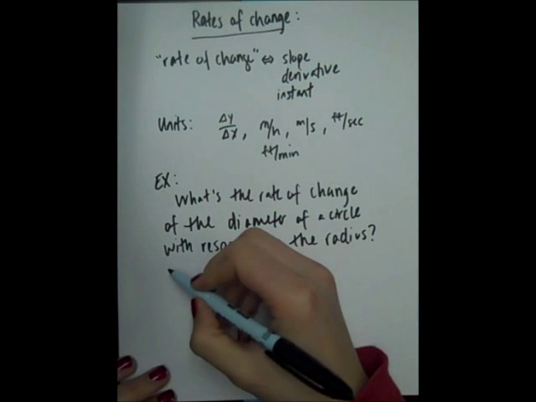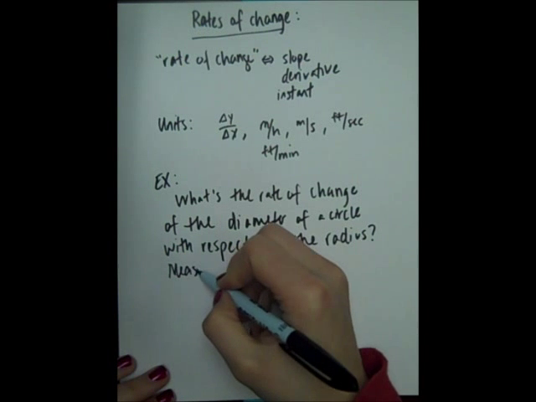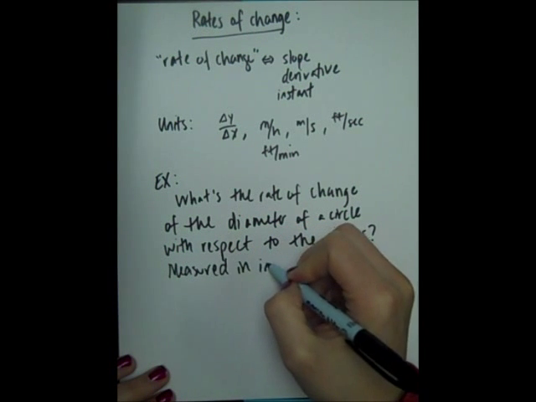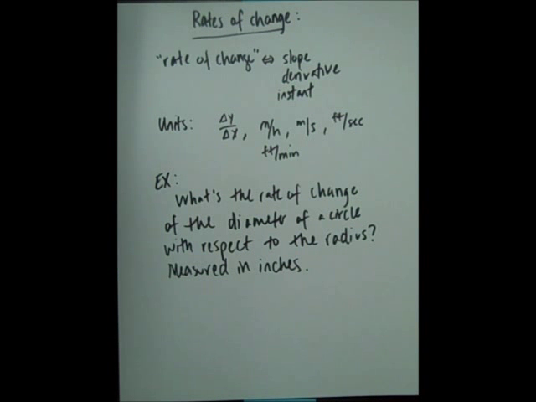Here we want both to be measured in inches. Okay, so we're looking for the rate of change of the diameter of a circle with respect to the radius.